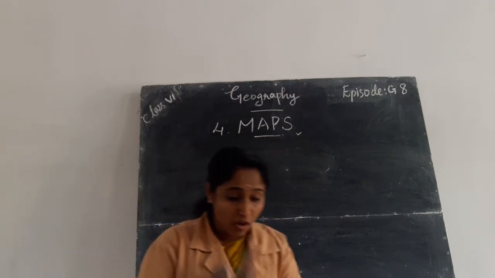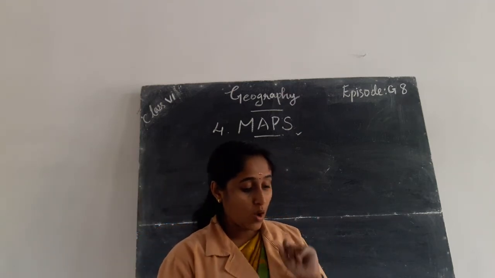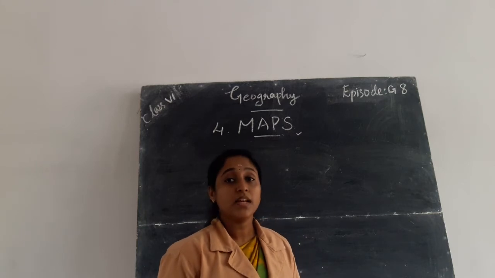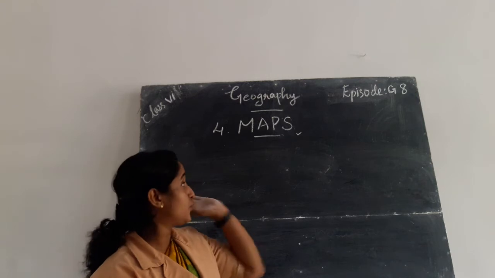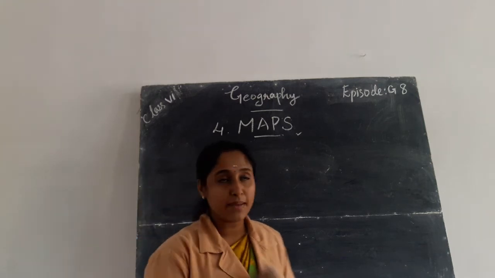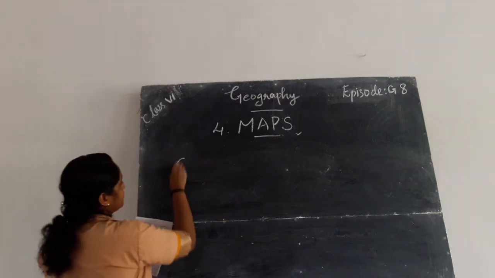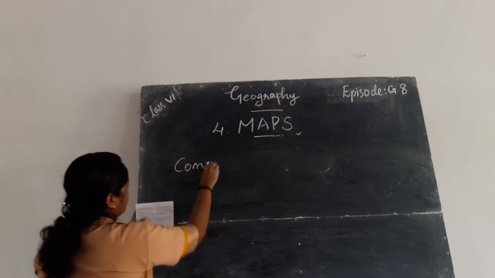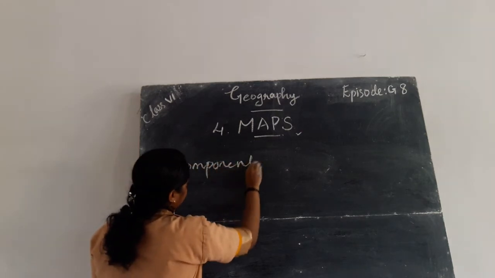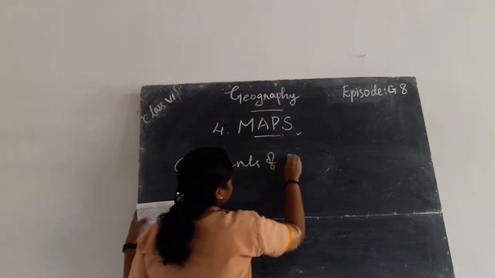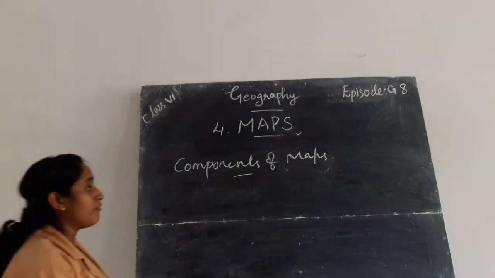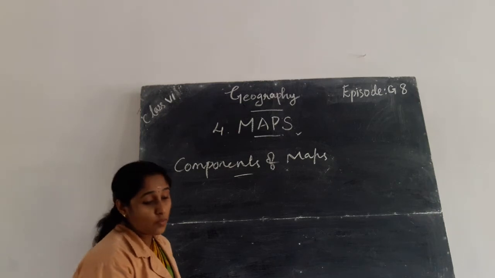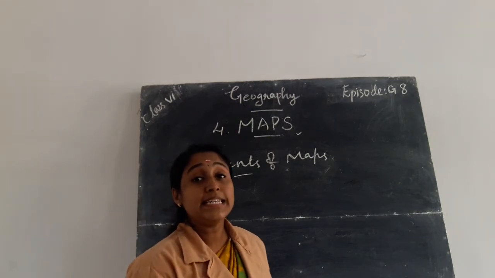Then we are moving on with the three components of maps, or the three features of maps. First, we are going with distance.